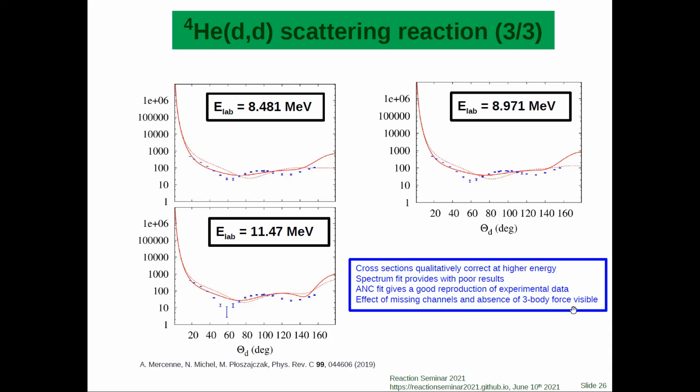We think that it is due to the fact that we don't use three-body forces, because these cross sections can be very well described in a no-core picture. But in our case, we have a small space, and then we don't have as realistic a Hamiltonian as with no-core. Nevertheless, we have a good description of experimental data, considering the simplicity of the approach.